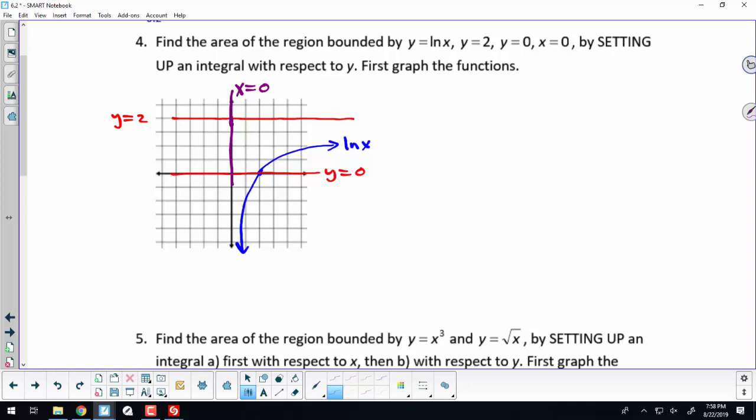So I probably didn't draw that out far enough. If you remember the graph of the natural log, it slowly creeps up, but very, very, very slowly. So I'm just going to exaggerate that a little bit so we can all fit it here in this window.